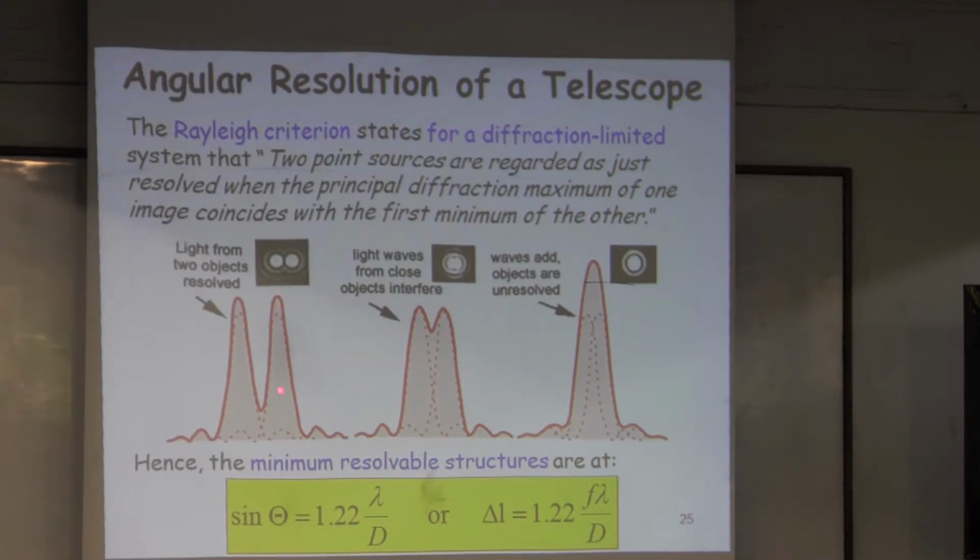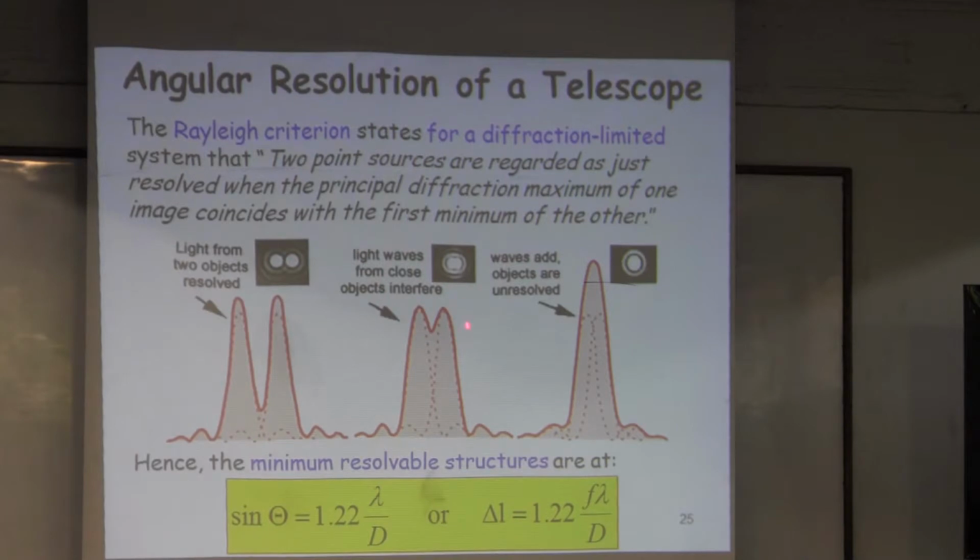So for that picture here, the first minimum would be somewhere here. And he says that if the peak here falls on top of that minimum for the diffraction from the other source, then I can still resolve it.